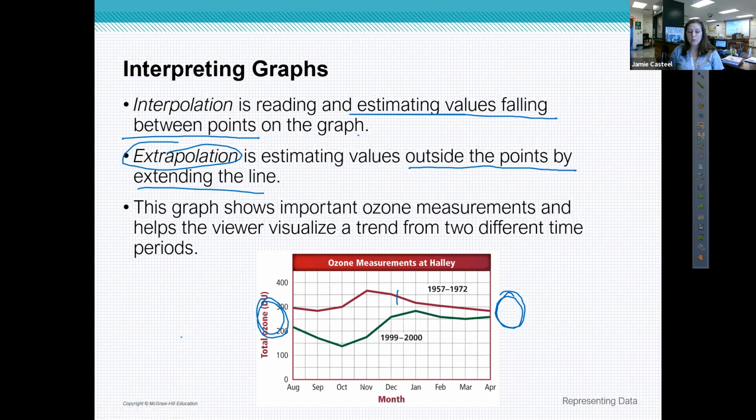So when we're looking at it, if you notice the total ozone versus the time, the 1957 to 1972 were the red line, 99 to 2000 were in the green lines. So see, it was much higher and now it's much lower over time. And if you notice, those numbers drop as the cold months occur for the green, but they seem to rise in the previous time. So that's important to know.